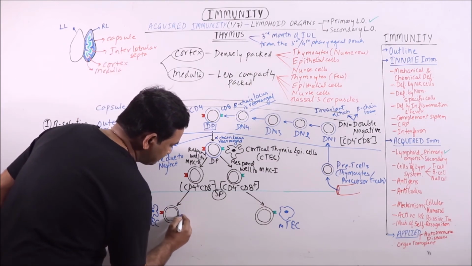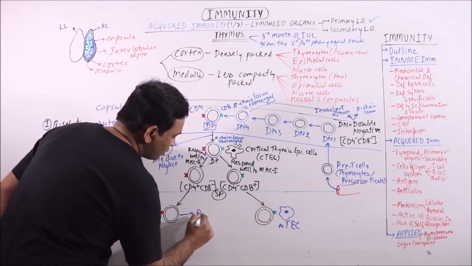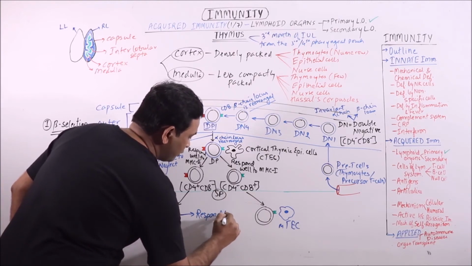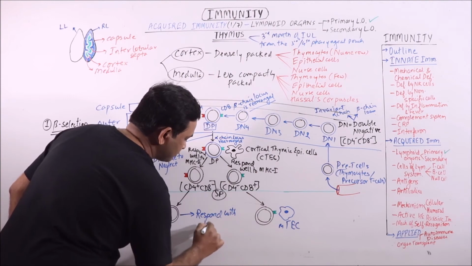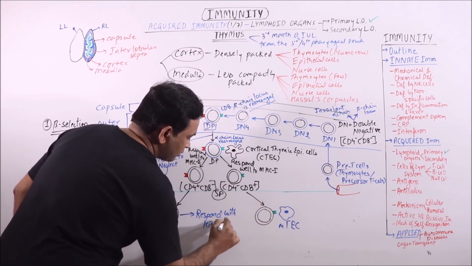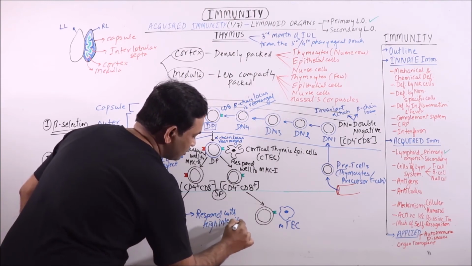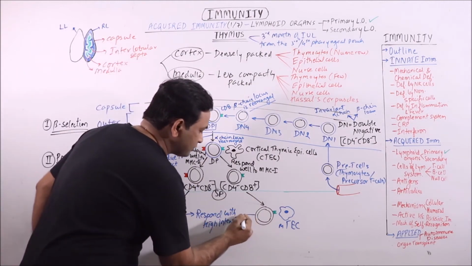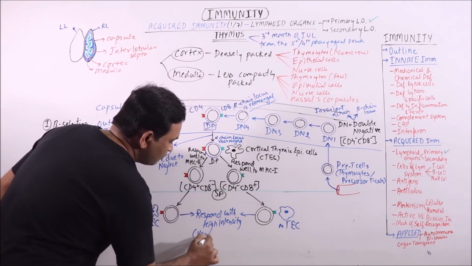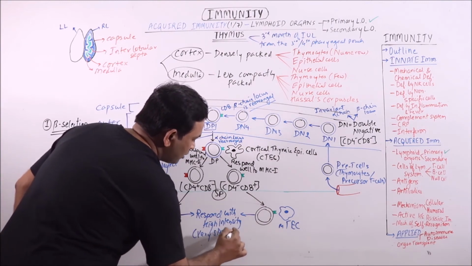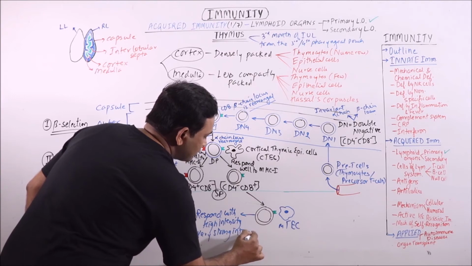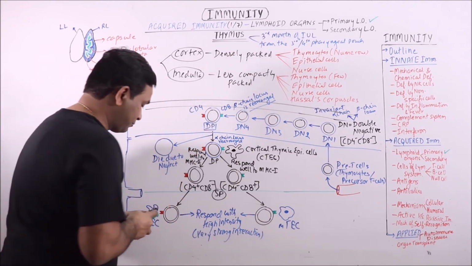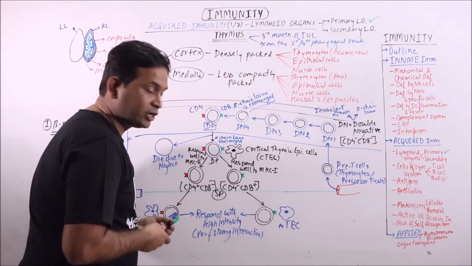First fate is that they will respond with high intensity. That is, a very strong interaction will be there. If a very strong interaction is there, then they can produce autoimmunity also.